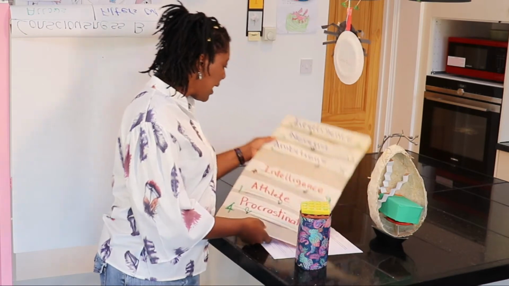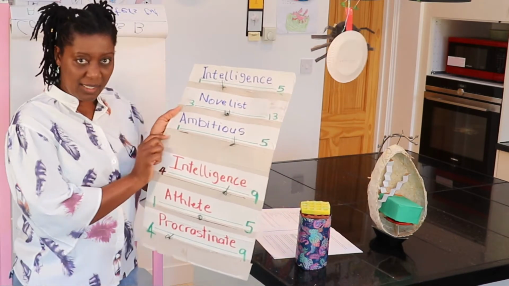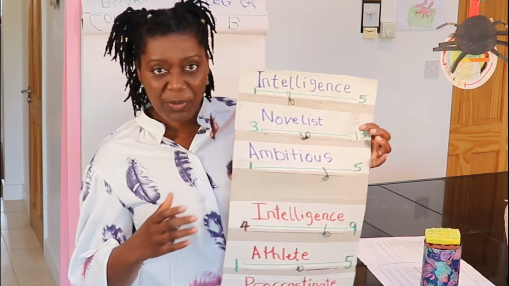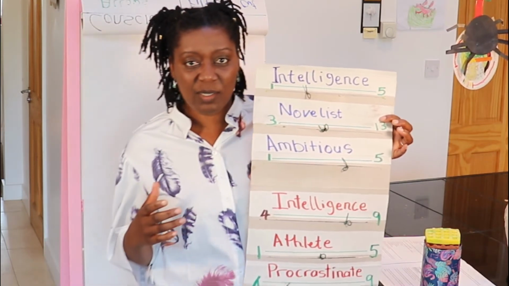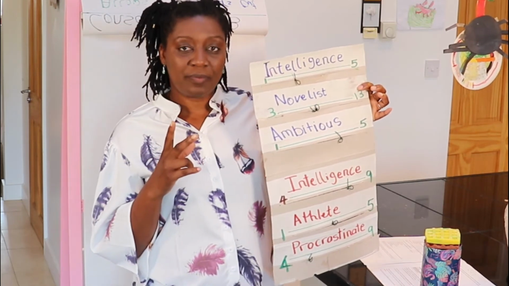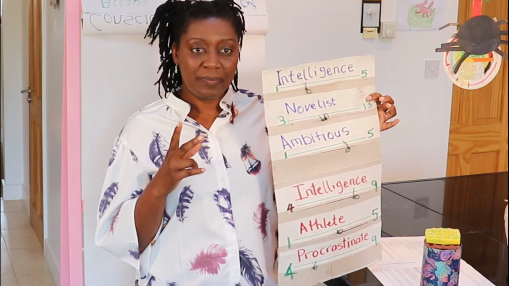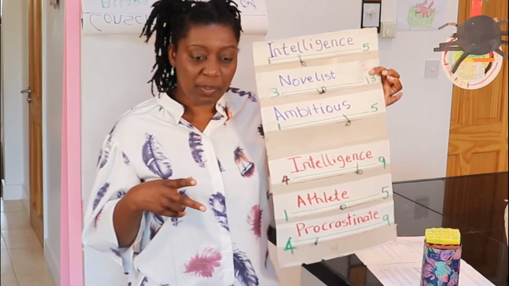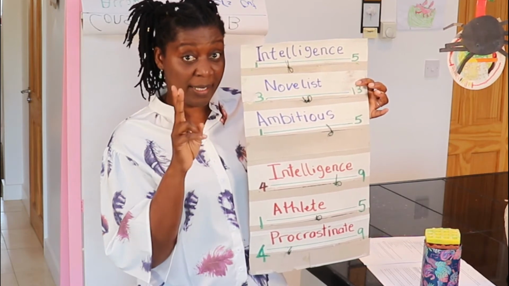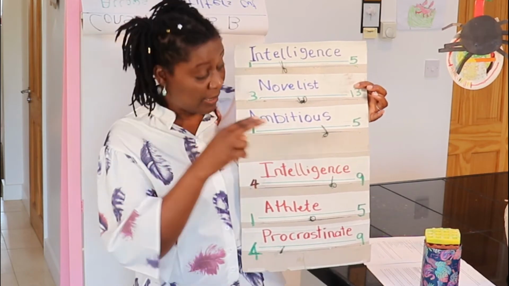So I've made this sliding scale contraption, sliding scale board, just to illustrate my points a little bit more. I hope you can see everything. So there are two higher selves here.